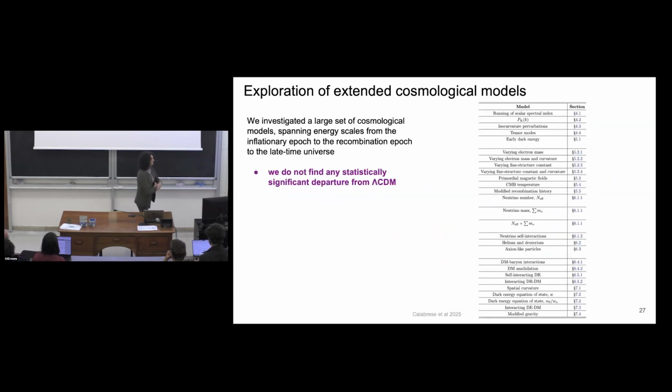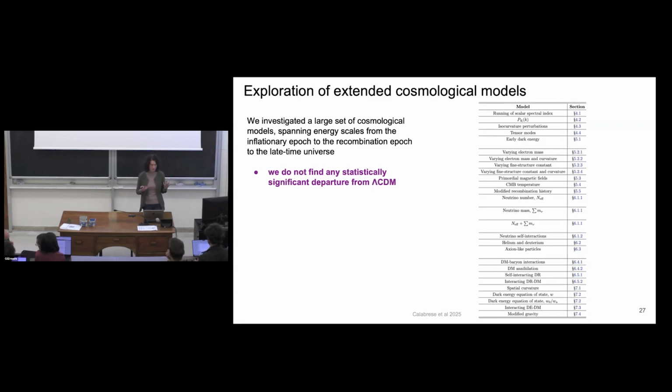Okay, beyond lambda CDM. There is a lot of discussion within the community about the things we don't know about lambda CDM and trying to understand if we don't know them because maybe the model is not correct.